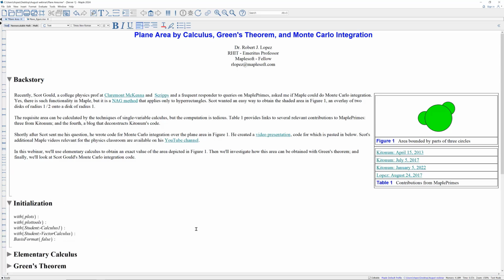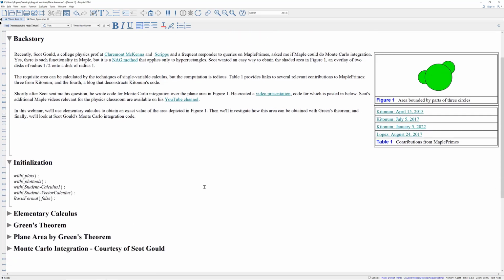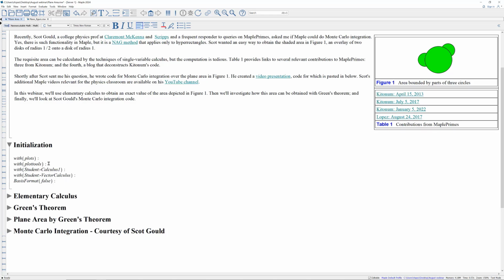Let's initialize so that we can do some Maple. I'm going to use plot tools to draw pictures of circles. I'm going to need student calculus 1 and the vector calculus package, and whenever I use vector calculus, I always have my vectors represented as column vectors.